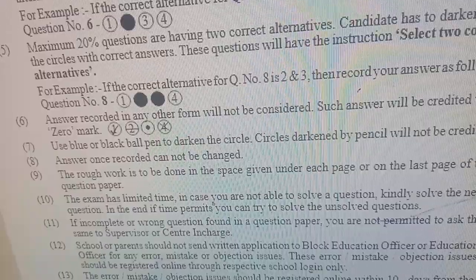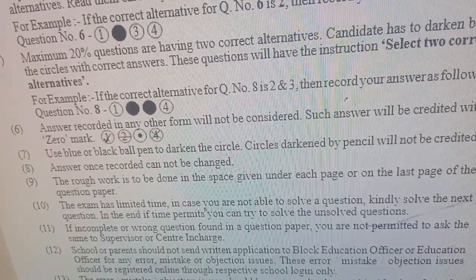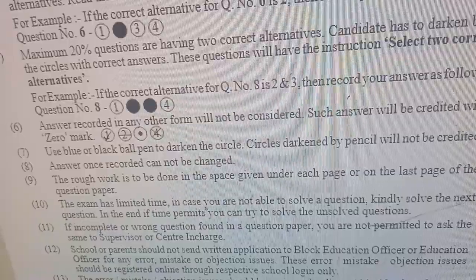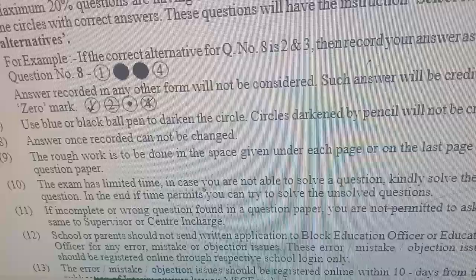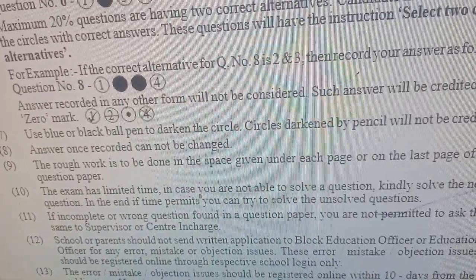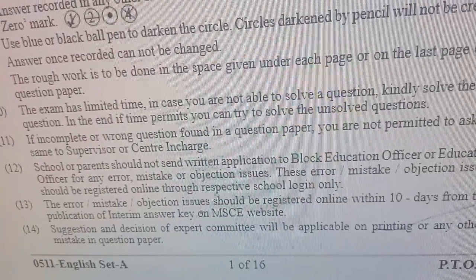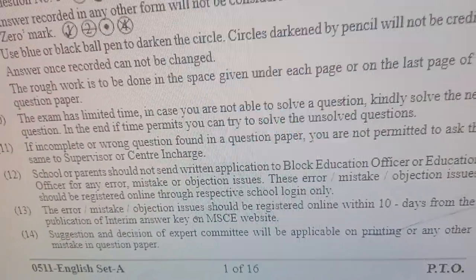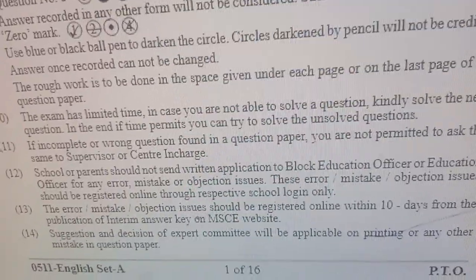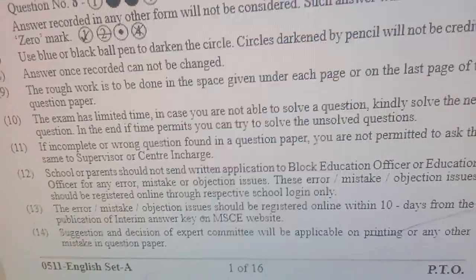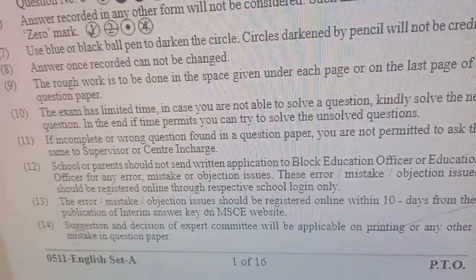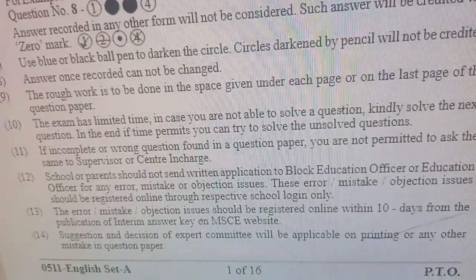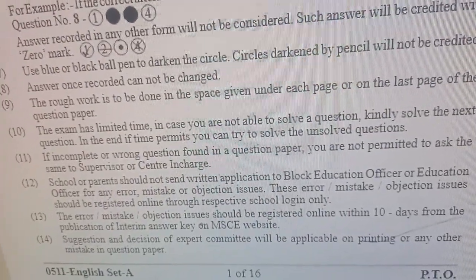If incomplete or wrong questions are found in a question paper, you are not permitted to ask the supervisor or center in charge for extra time. School and parents should not submit an application to the block education officer or education officer for any error, mistake or objection. These error, mistake and objection issues should be registered online through the respective school login only, within 10 days from the publication of the interim answer key on the MSC website.